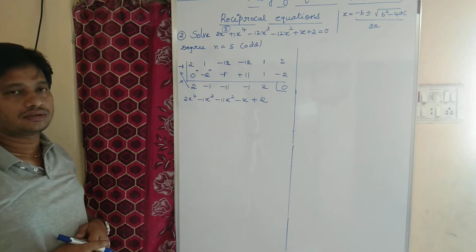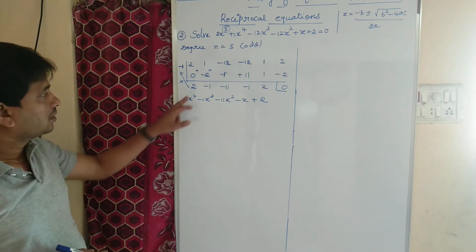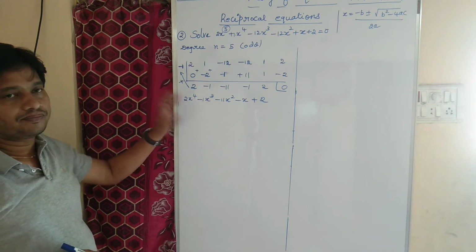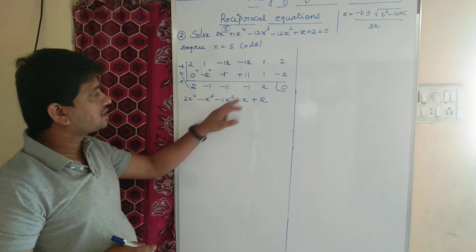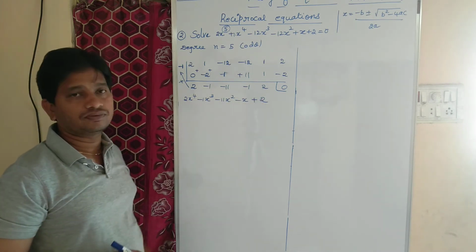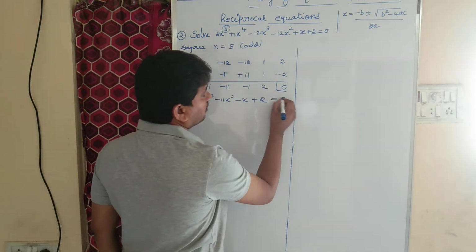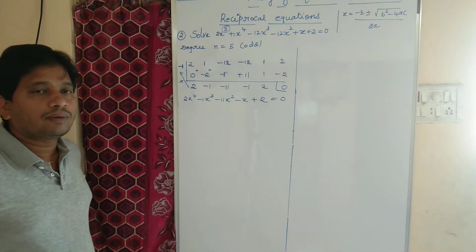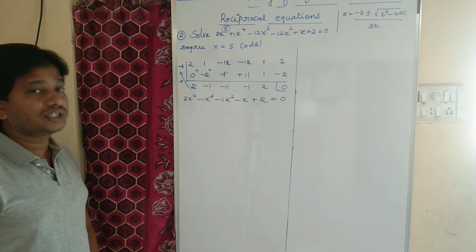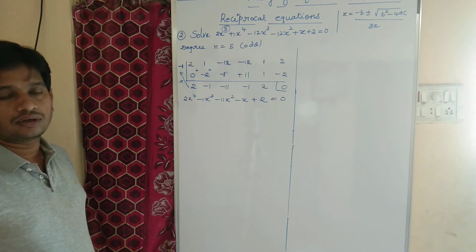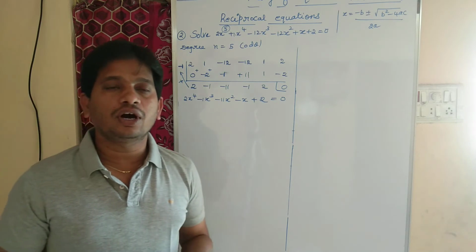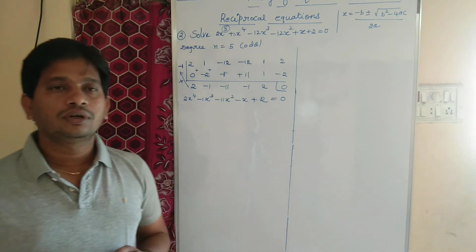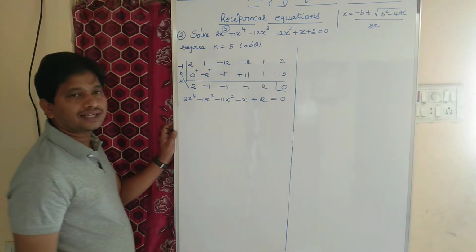Did you understand, children, how we got this? 2x to the power of 4 minus x to the power of 3, then minus 11x square minus x plus 2, equal to 0. Now if you observe, it came into the standard form of a reciprocal equation whose degree is 4. We know from the previous question that if the degree of an equation is 4, we need to divide the given equation by x square.